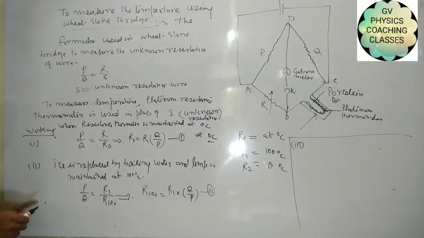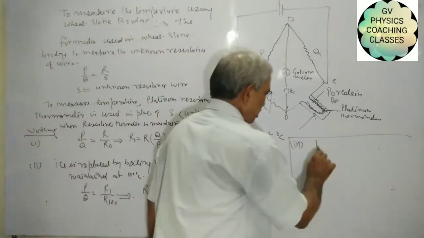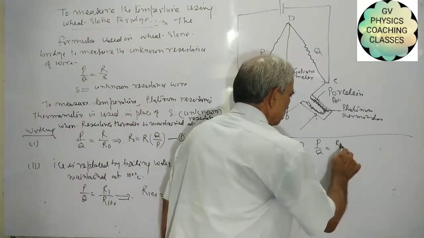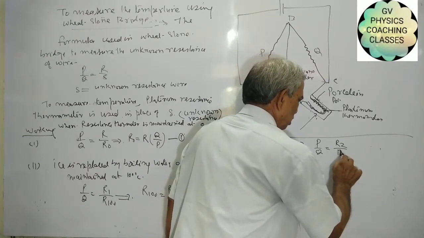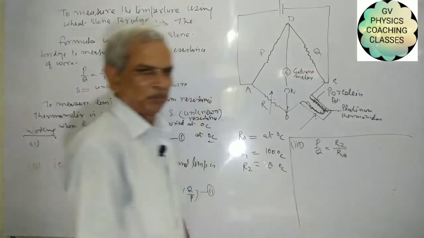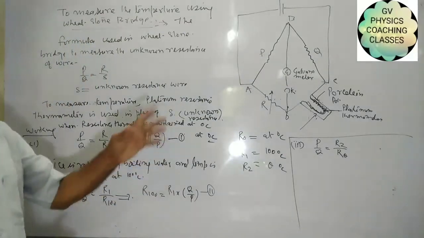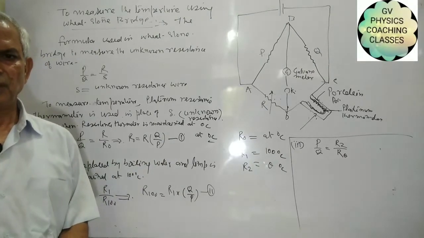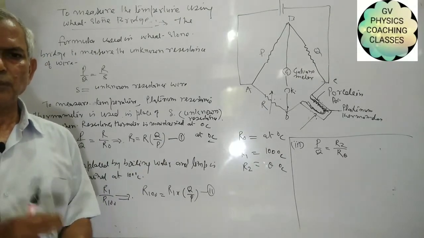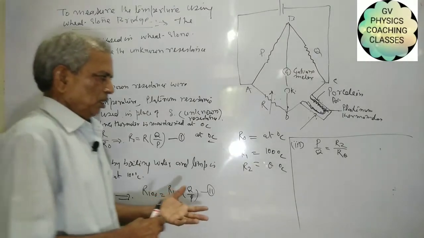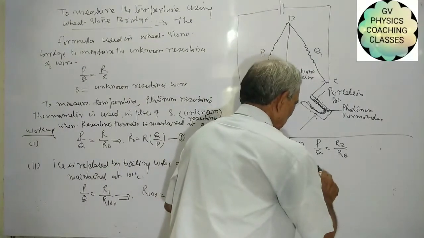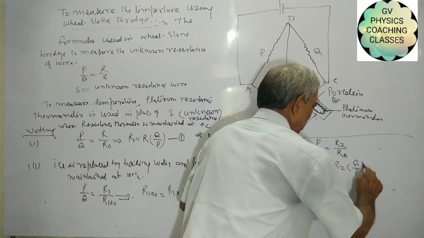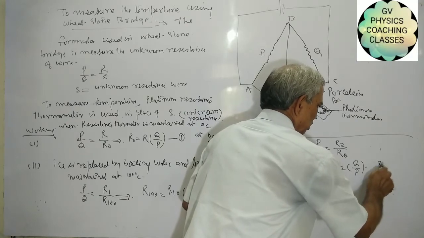Condition third: P upon Q equals R2 upon R theta. R theta is the resistance of the platinum resistance wire at theta degrees Celsius, which is to be found out. Then R theta equals R2 into Q upon P. This is equation 3.